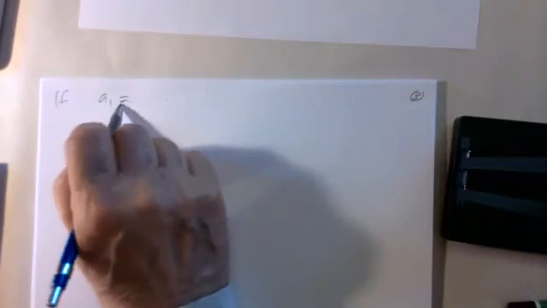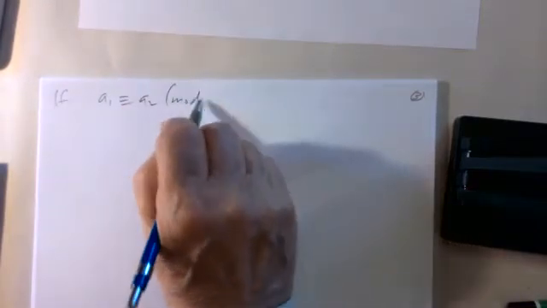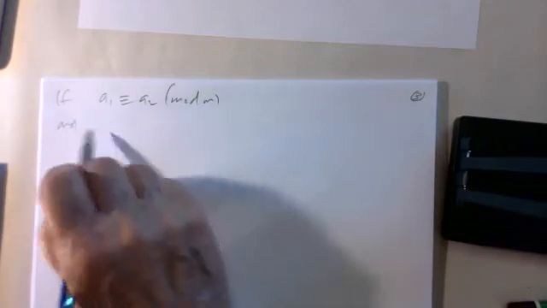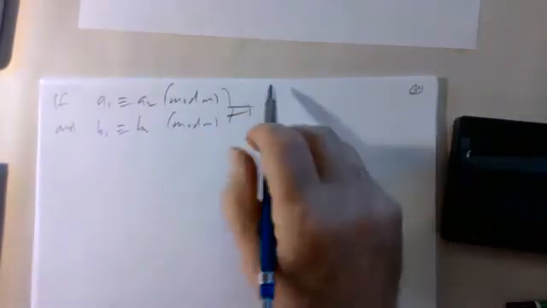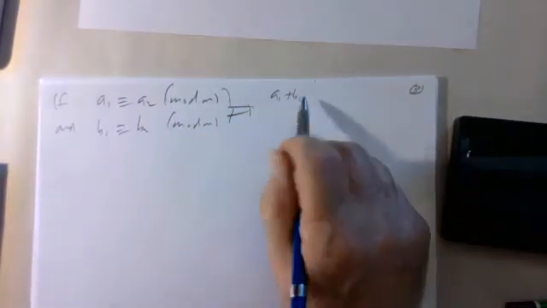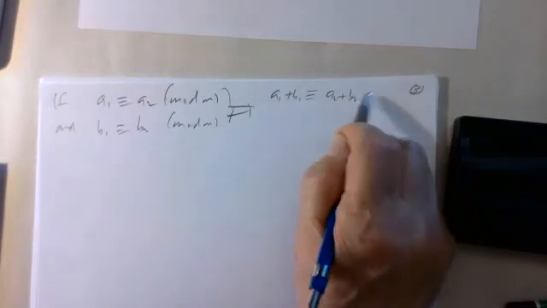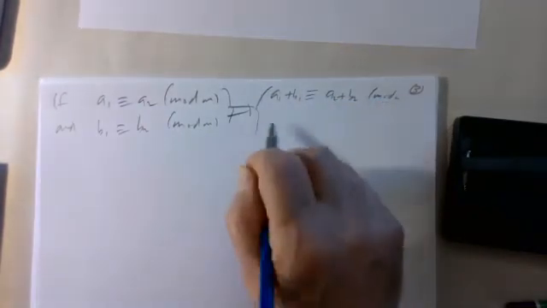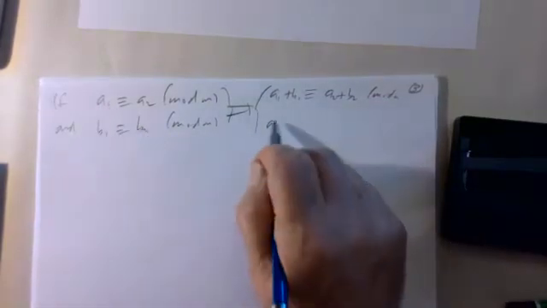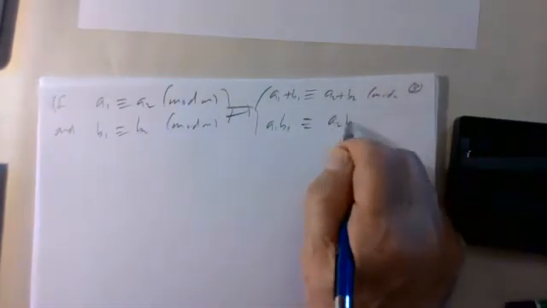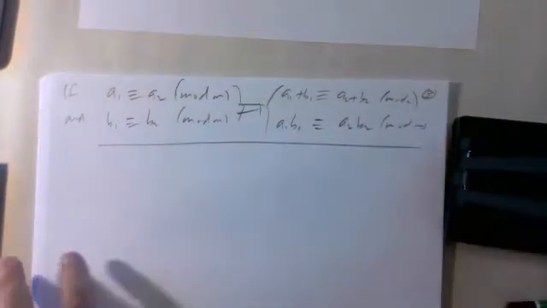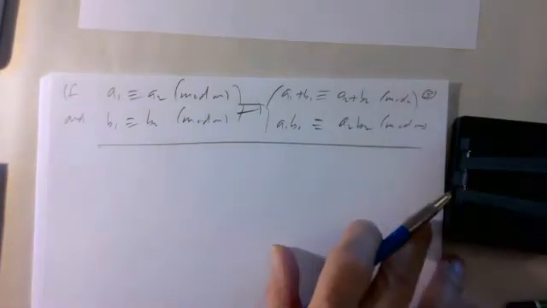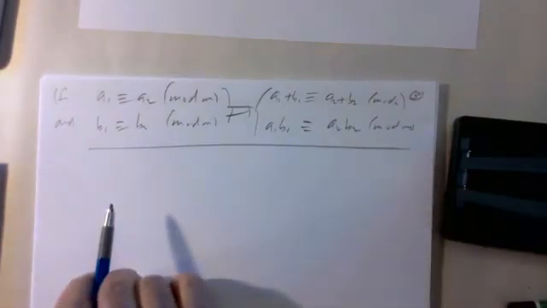If A1 is congruent to A2 mod m, and B1 is congruent to B2 mod m, then you can add the congruences. A1 plus B1 is congruent to A2 plus B2 mod m, and you can multiply them. A1 times B1 is congruent to A2 times B2 mod m. So this is a basic fact, and you need to be able to prove it.